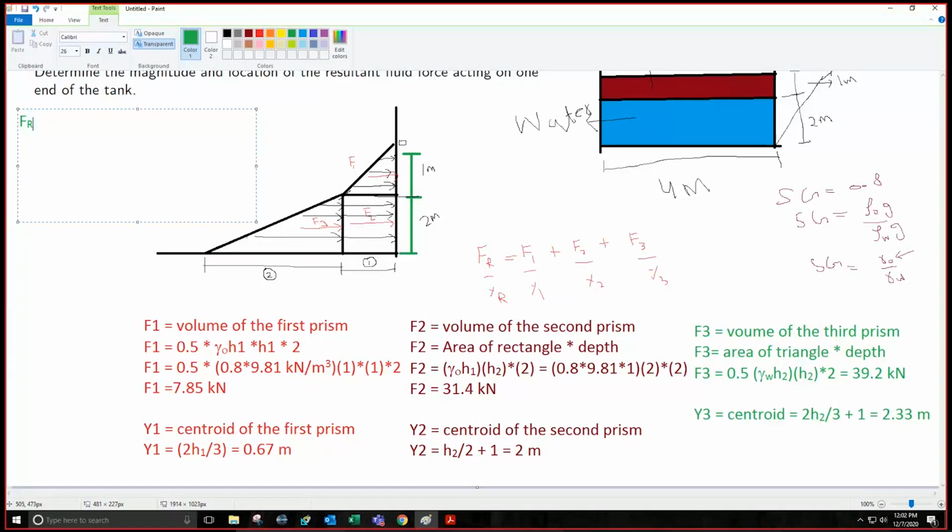R equal to F1 plus F2 plus F3 is equal to 7.85 plus 31.4 plus 39.2, 78.45, which is almost equal to 78.5 kilonewtons. Clear?